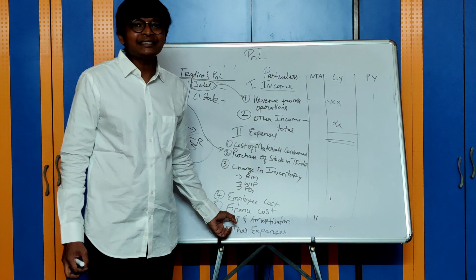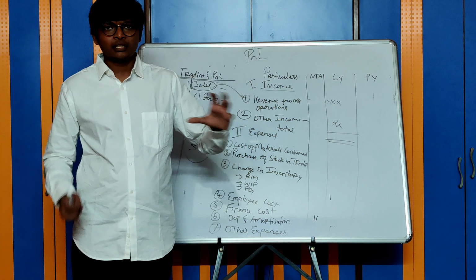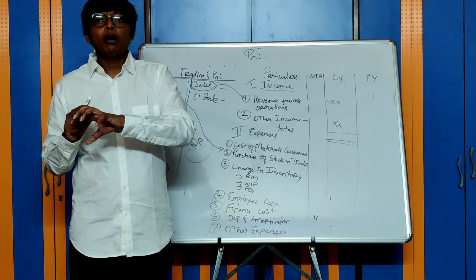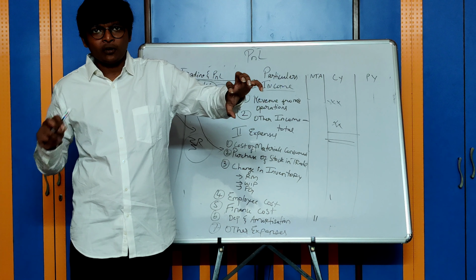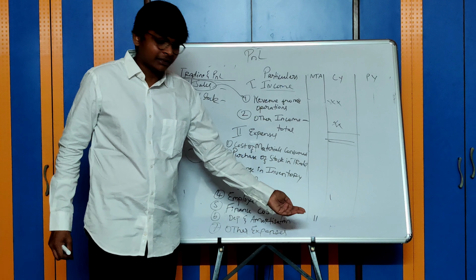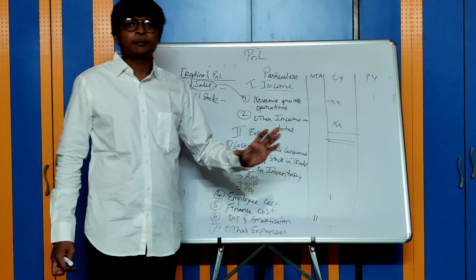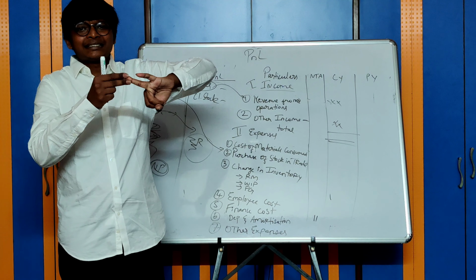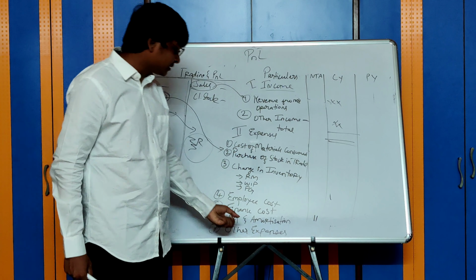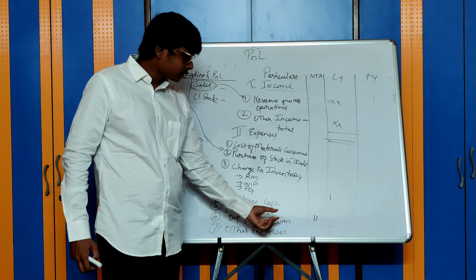Next is your depreciation and amortization. Depreciation on tangible assets for current year, amortization on intangible assets for current year will come under the bucket depreciation and amortization. All other expenses, rent, electricity, stationery expense, cleaning expenses, all other expenses will come under other expenses.